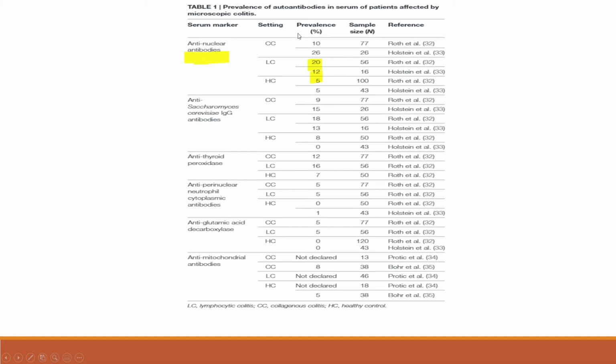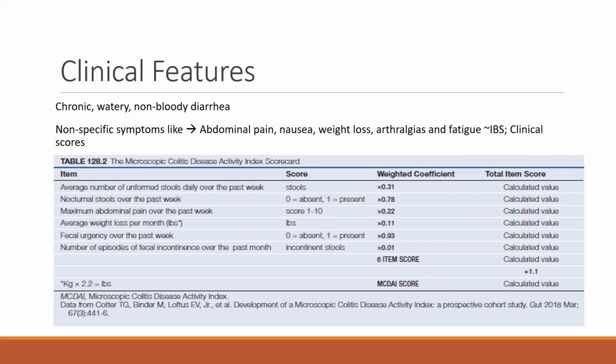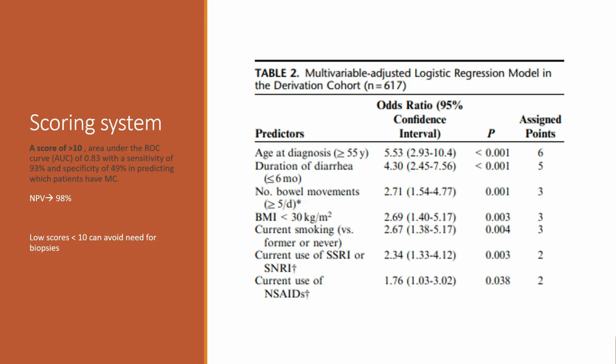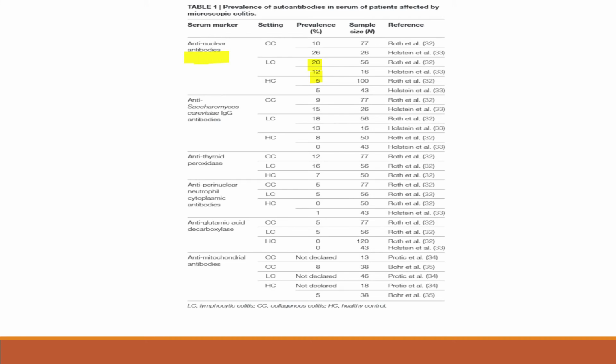But these are super low prevalence, and I think you cannot just make a diagnosis based on that; it's more of an association. I would rather use this scoring system than these markers to check the disease. They have not been associated with any prognosis or any other clinically useful correlation.